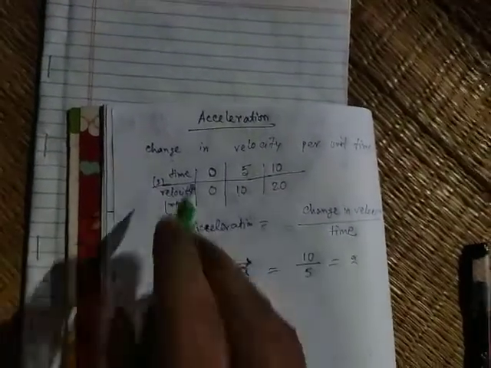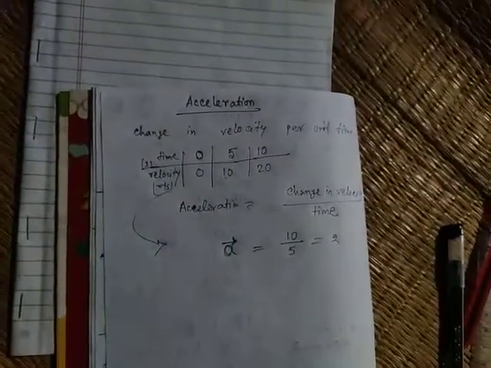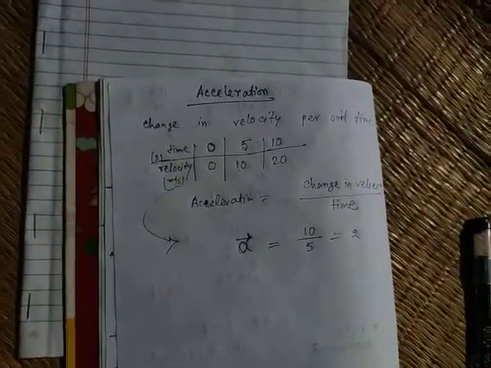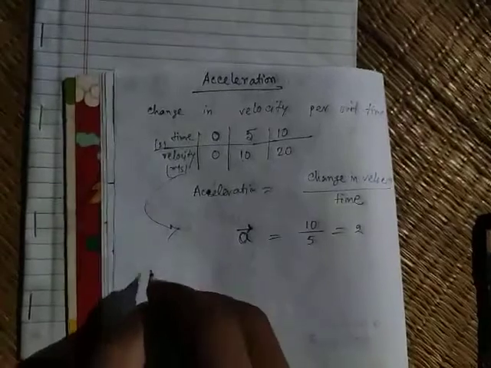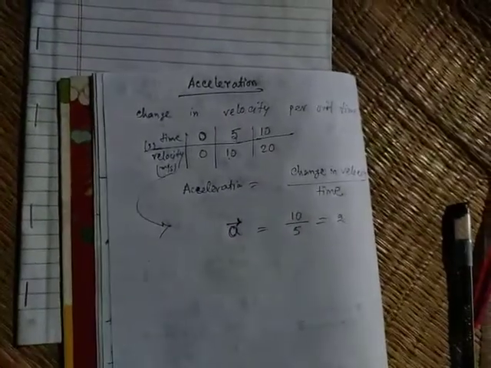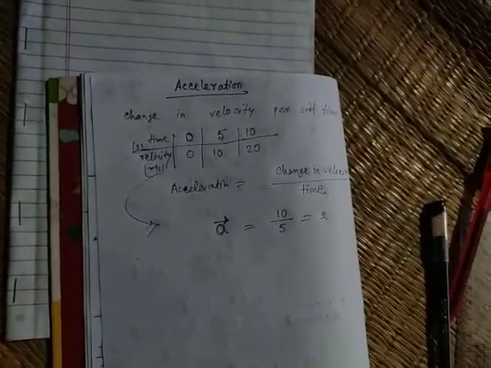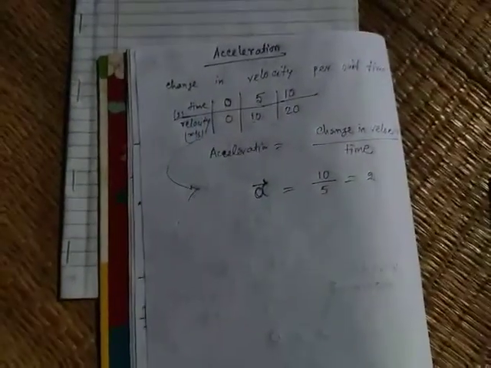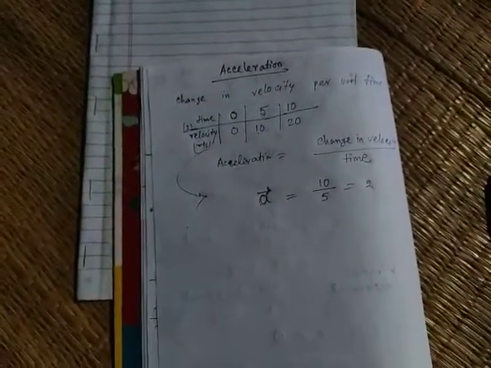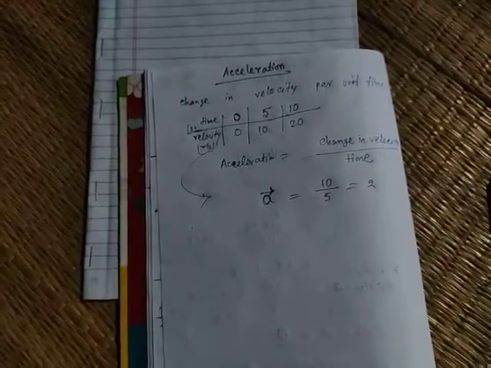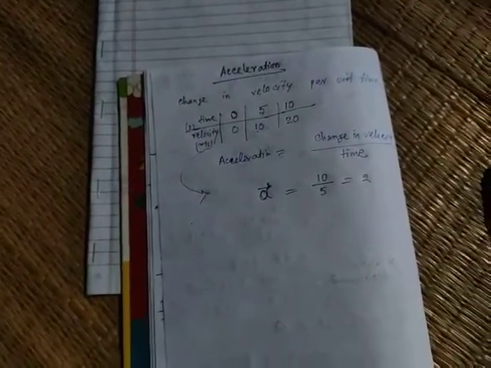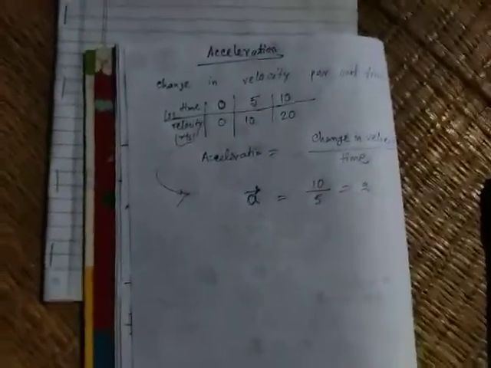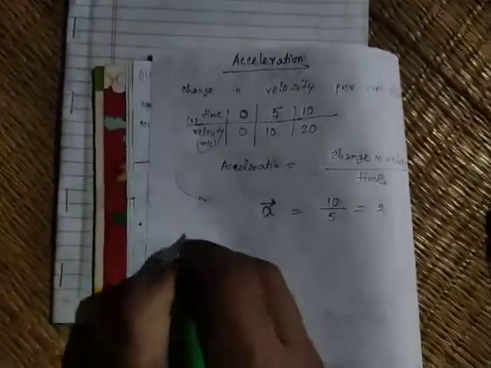That means acceleration exists only for non-uniform motion, because we know in non-uniform motion speed or velocity changes, but for uniform motion speed remains constant. That means speed or velocity doesn't change. So for uniform motion of an object there is no acceleration.